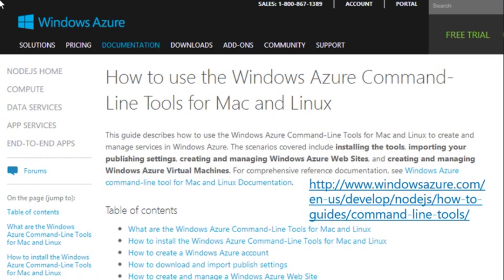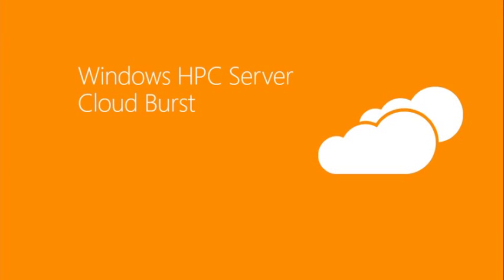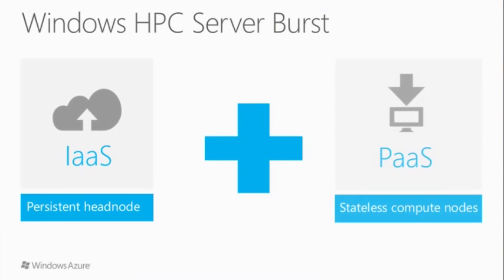Another option I want to talk to you about is Windows HPC Server. Windows HPC Server is really about IaaS, which requires administration. The idea is that your system admin creates a head node in the cloud. He'll create an AD and all these different things. It takes maybe 2 or 3 hours to do.